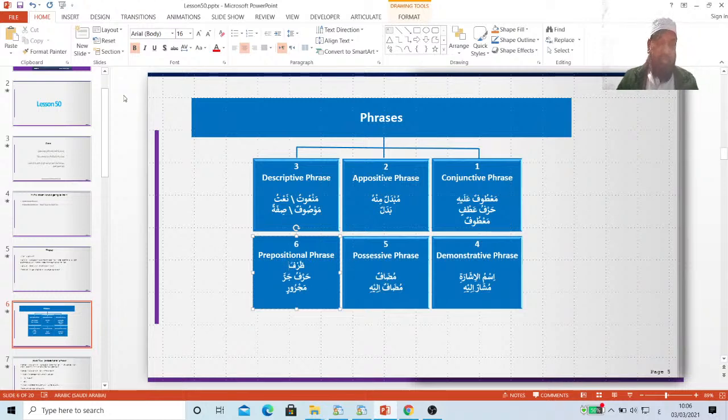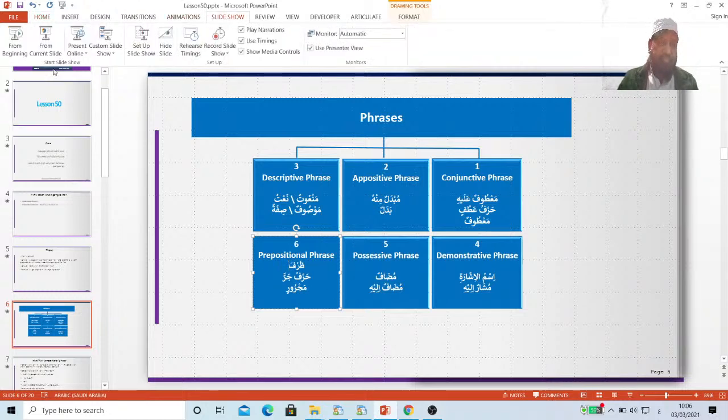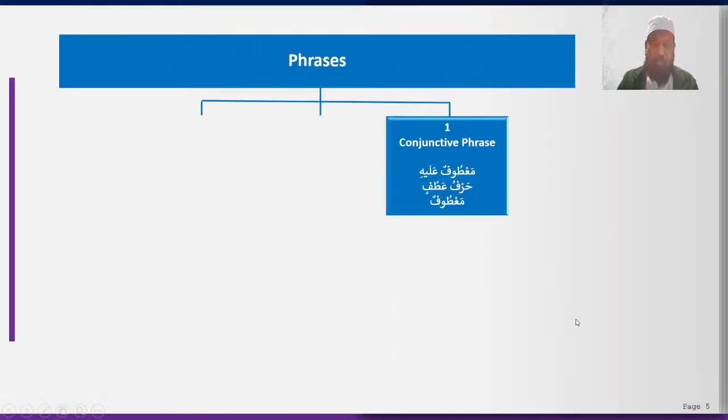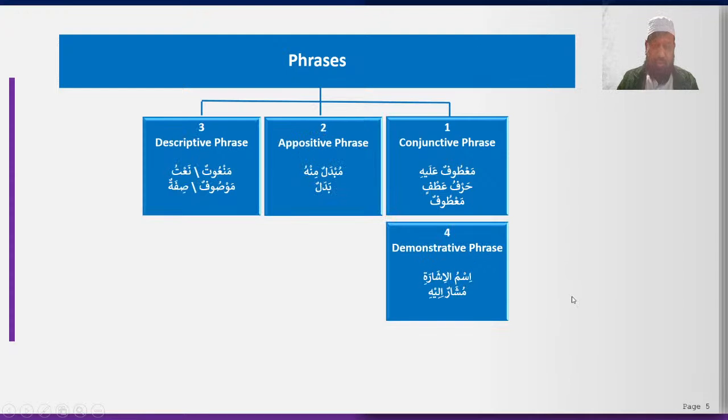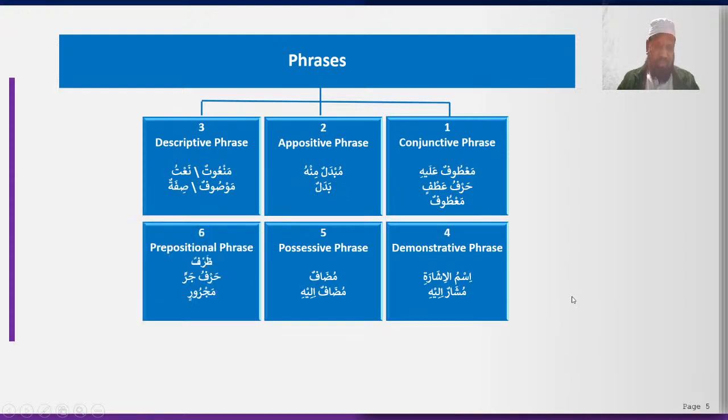Okay, ظرف. Because the prepositional phrase is made of ظرف or حرف جر and مجرور.